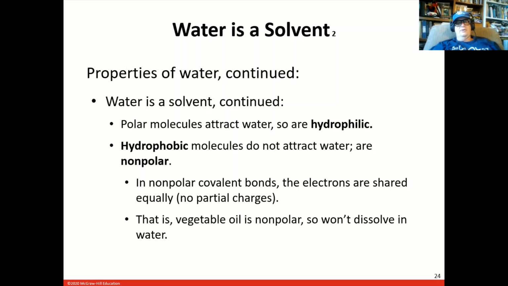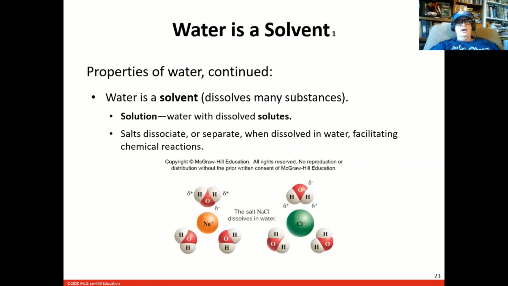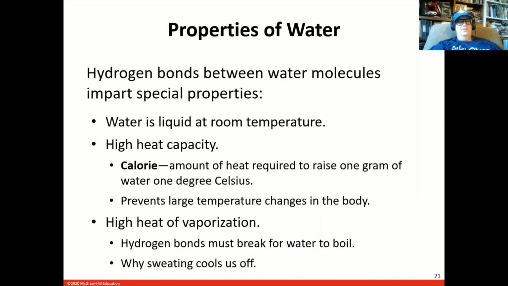The hydrophilic and hydrophobic attractions, well, the hydrophilic attractions let most biological molecules dissolve, hydrogen bonds. Why is water a good solvent for most things? Well, most things have charges, and so they're good at making hydrogen bonds with the water.